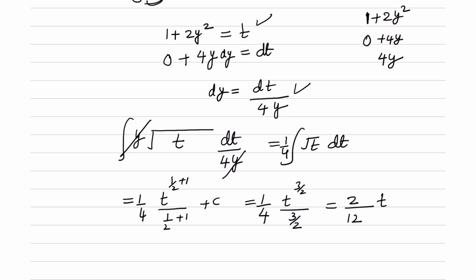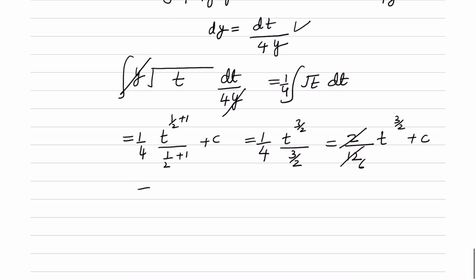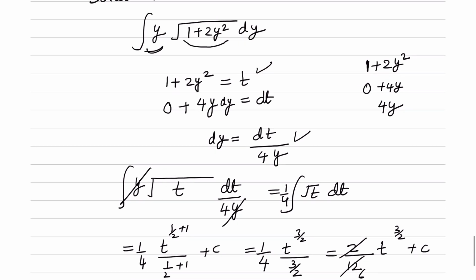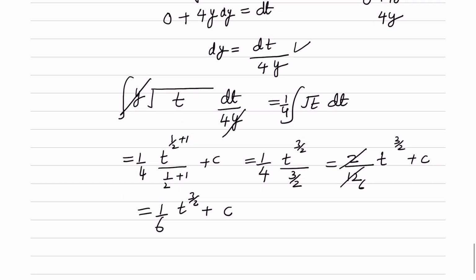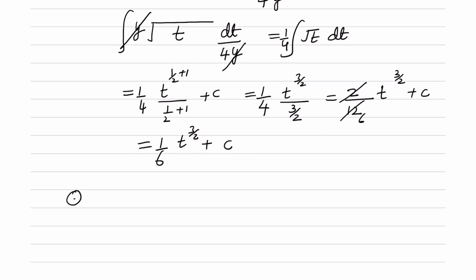So t power 3 by 2 plus some constant. We make this simplification and we have 1 over 6 t power 3 by 2 plus some constant. So we have solved this integral, which was y into square root of 1 plus 2y squared dy, by making this substitution. Let's solve another integral.